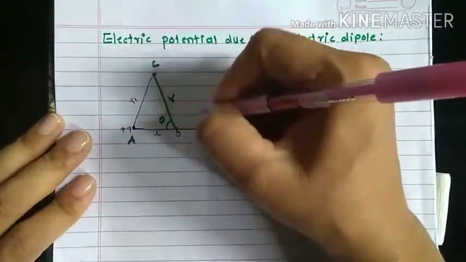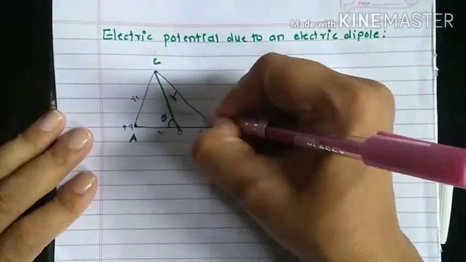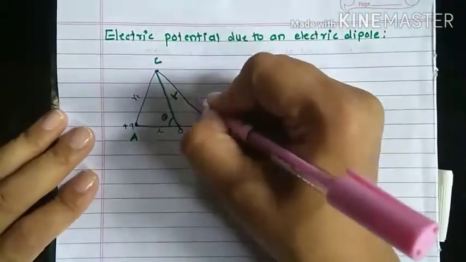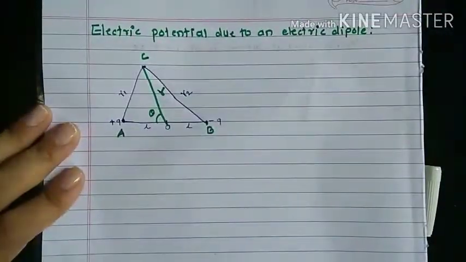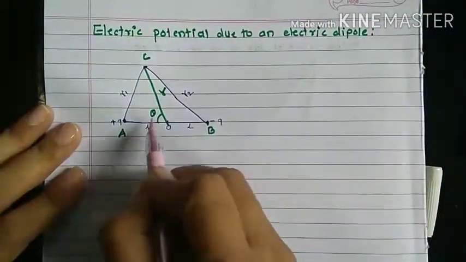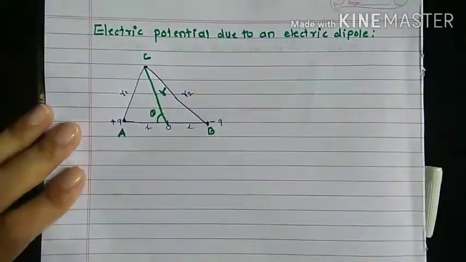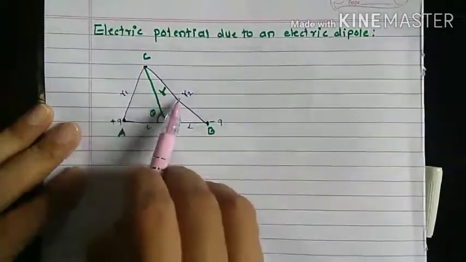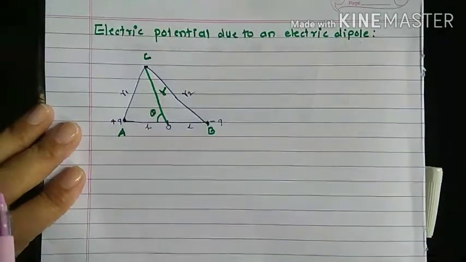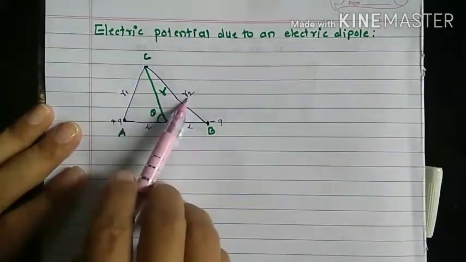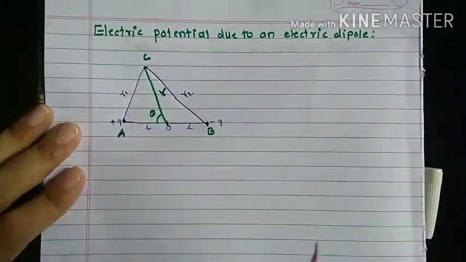Also, join points B and C. This distance is R2. Keep in mind that L, theta, and r are the given values, but R1 and R2 are the unknown values. We have to convert R1 and R2 in terms of L, theta and r.